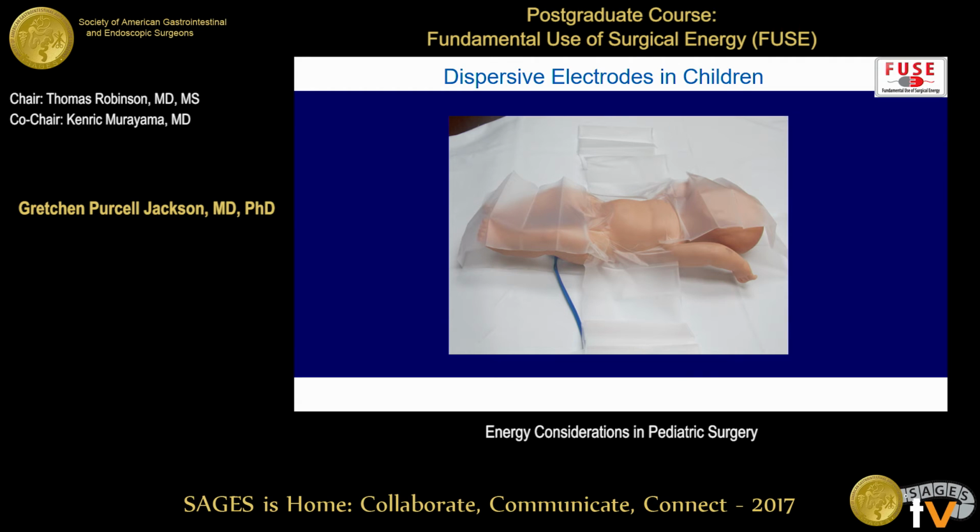So what I do in operating on the abdomen or chest of children, or really any site, is use adhesive drapes that are fluid resistant and protect that operative site as well as protect the dispersive electrode. This also helps to keep the infant warm.